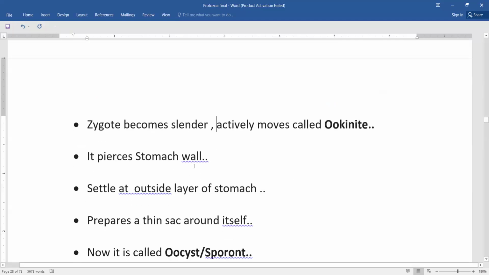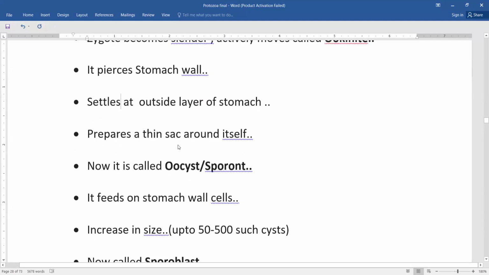It pierces the stomach wall and settles at the outer layer of the stomach. There it prepares a thin sac around itself. Now it is called an oocyst. You can also call it a sporont. The oocyst prepares a cyst wall around itself, and the stage inside that cyst wall is called the oocyst or sporont.